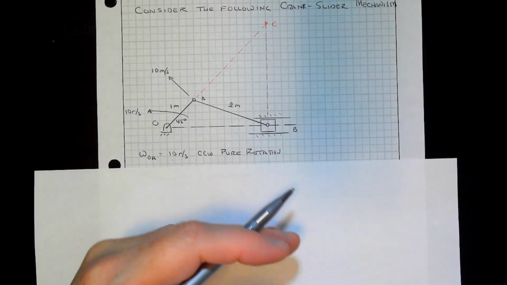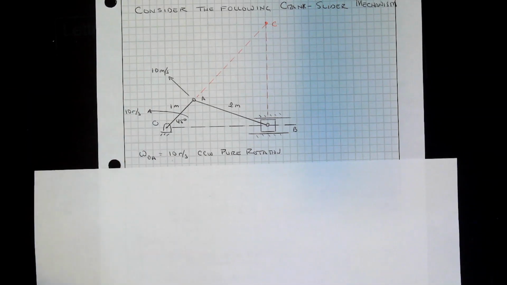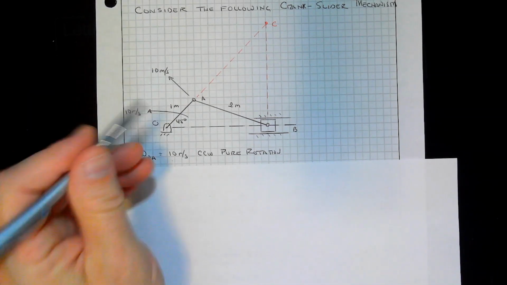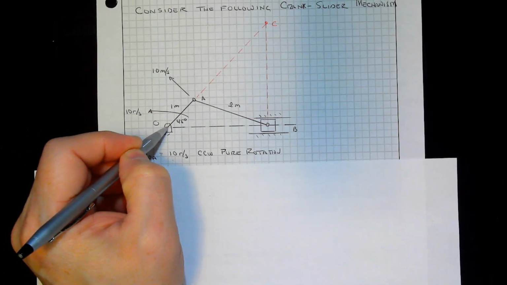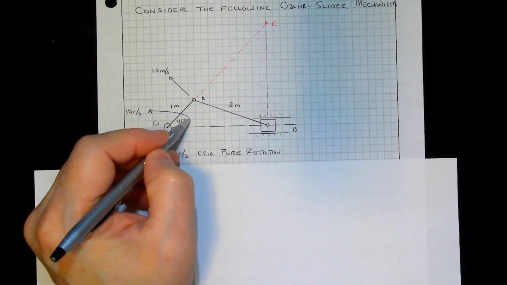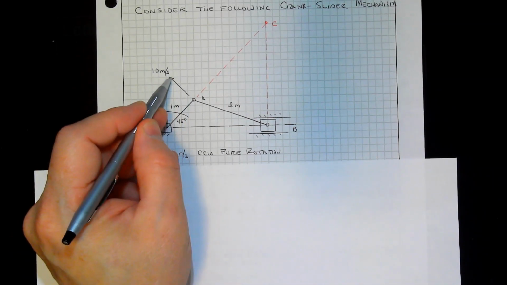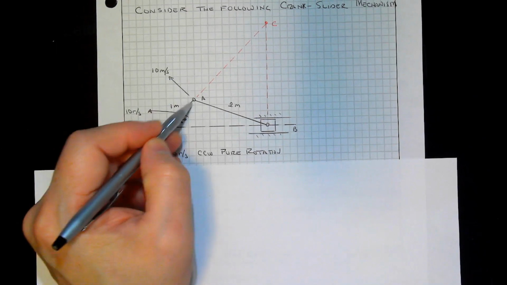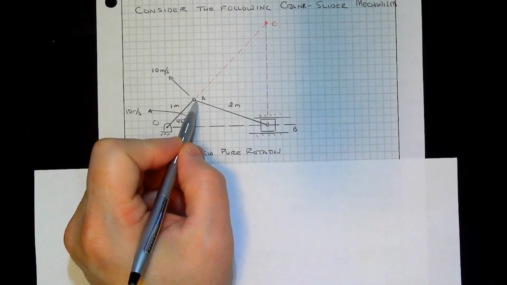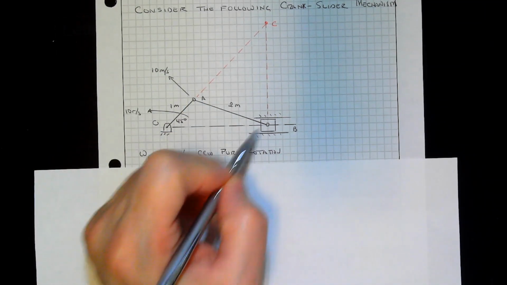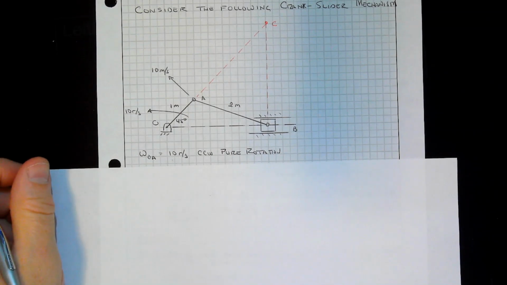Irrespective of instant centers, if I'm rotating around this point, then omega times r, which is 1 meter, says A is moving at 10 meters per second perpendicular to that. We know that. We don't need any special math to get there. Then the follower is 2 meters to get to where the slider is.